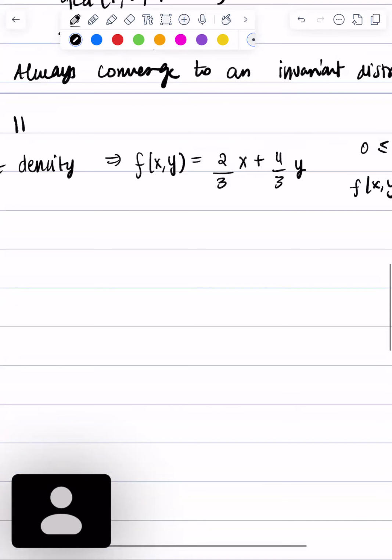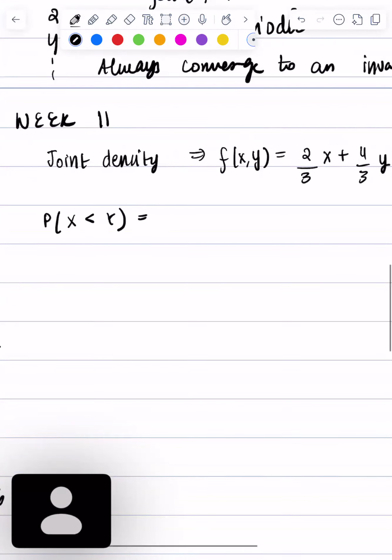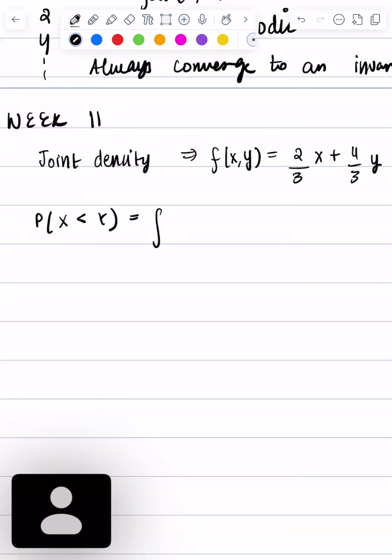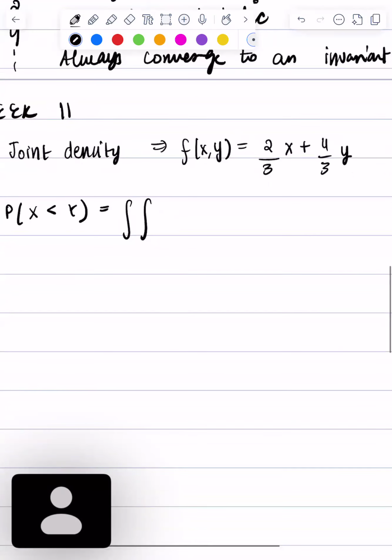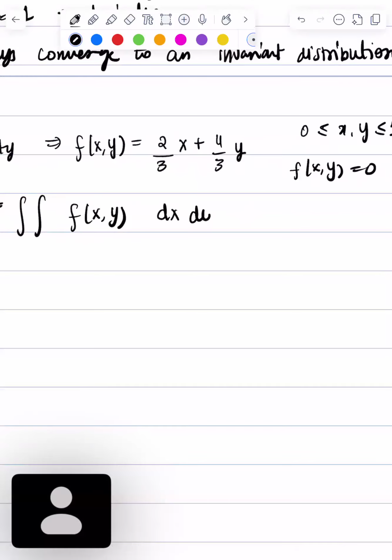So now we have to find the probability when x is less than y. The way we find probability is just by integrating, and because it's a joint density, we need to integrate it twice with our PDF function, which is the joint density basically, and our two bounds.